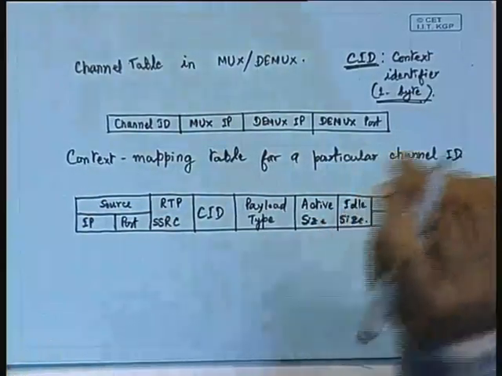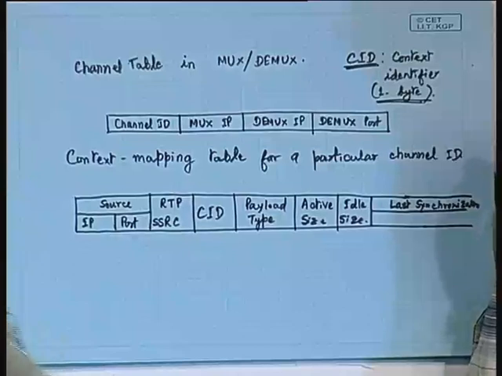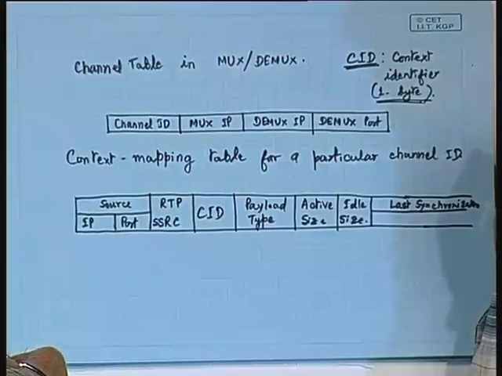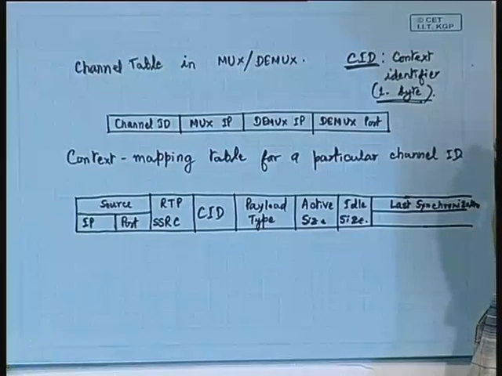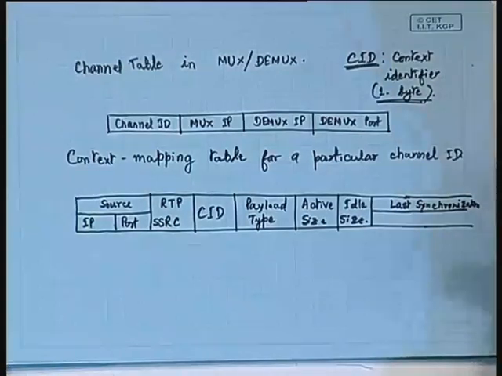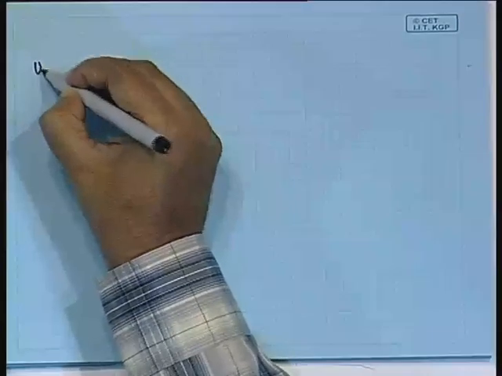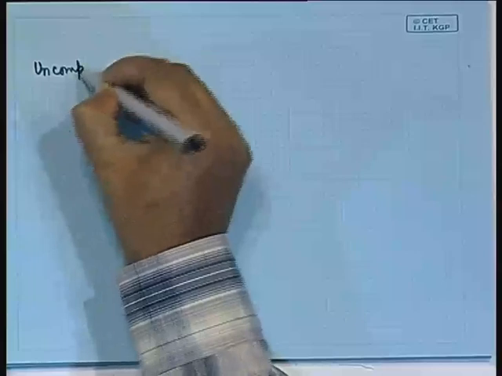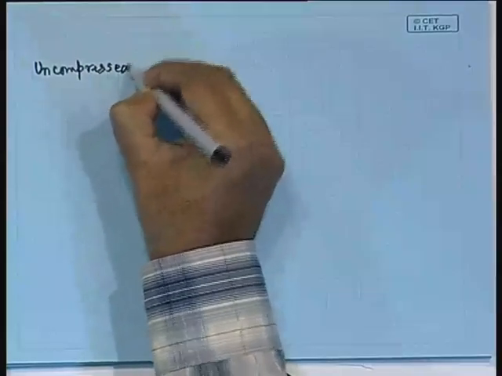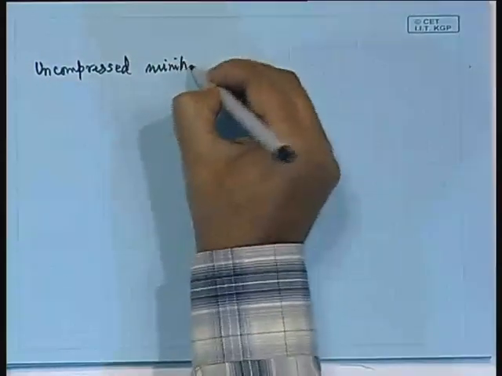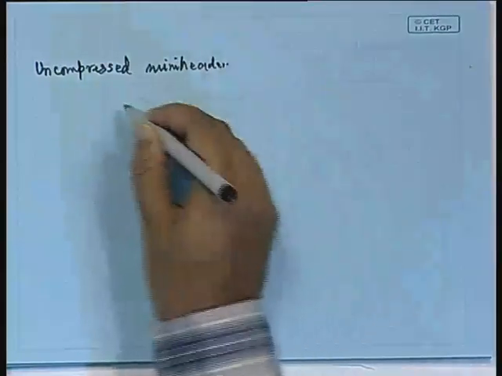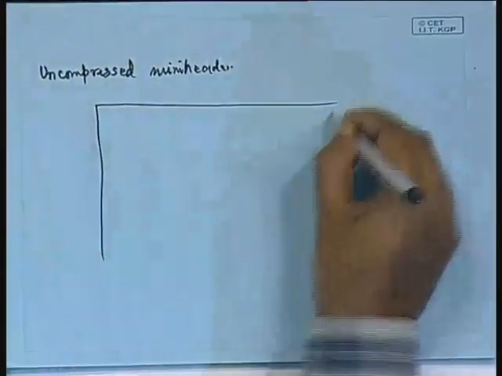By last synchronization, I mean that the headers which will be associated with the individual streams could have 3 formats. One of the header formats is what is called the uncompressed mini header.